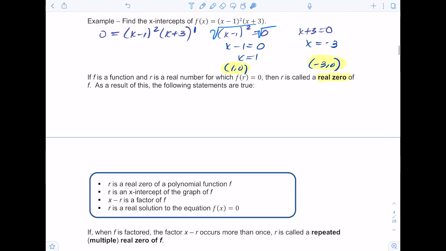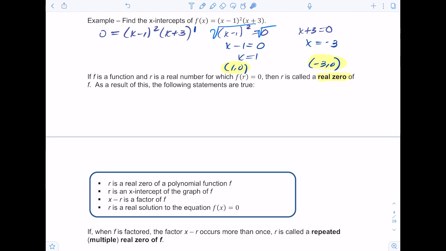What it also tells me is where the graph crosses or touches the x-axis. So when the function's factored, if x - r occurs more than once, like it does here, it occurs twice, r is called a repeated or multiple real zero of f. So this is a repeated zero because it actually comes up 2 times.